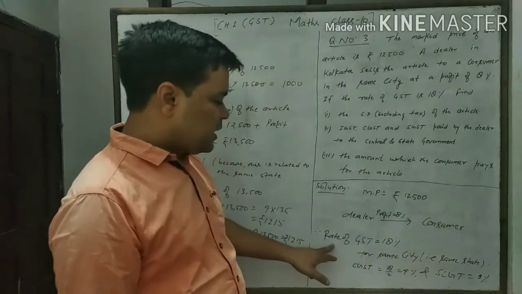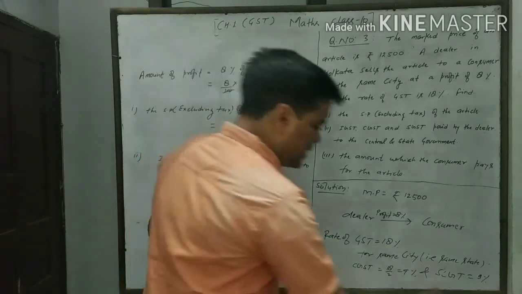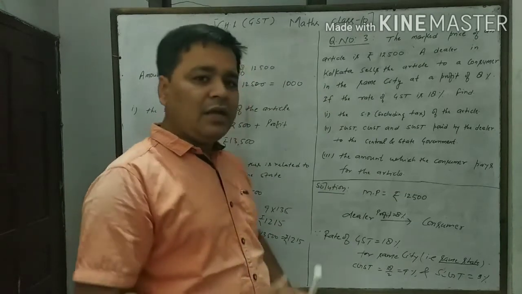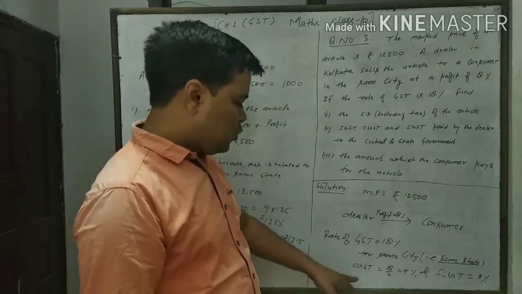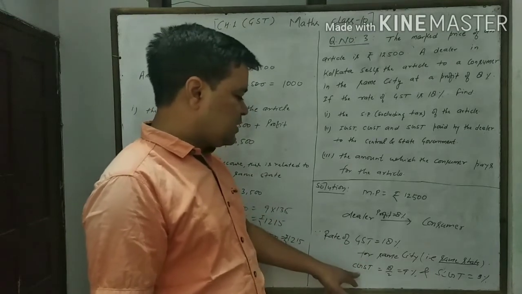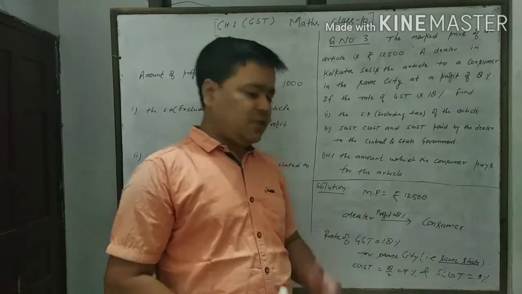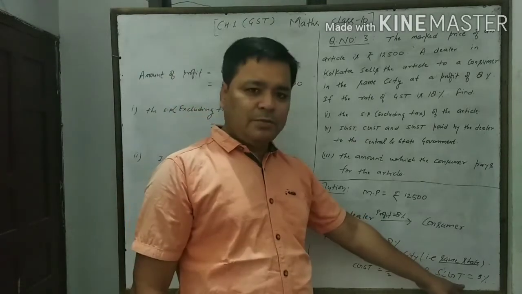Since the rate of GST is 18% and this is the matter of the same state, the transaction of the article is in the same city. Therefore, in this case, CGST and SGST will be half of the GST, that is 18 by 2, 9% and 9%.